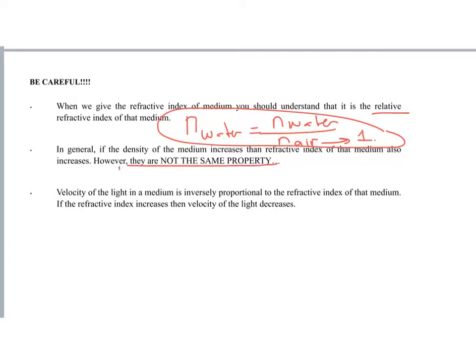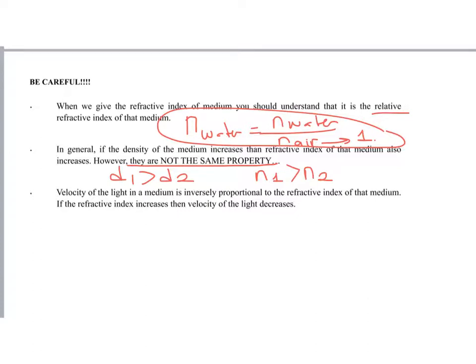But you can say that if the density of one medium is bigger than the density of the second one, more probably the refractive index of that medium is bigger than the refractive index of the second one, because density is the ratio of mass over volume, but refractive index is the comparison of how the transparent medium slows down the speed of light.